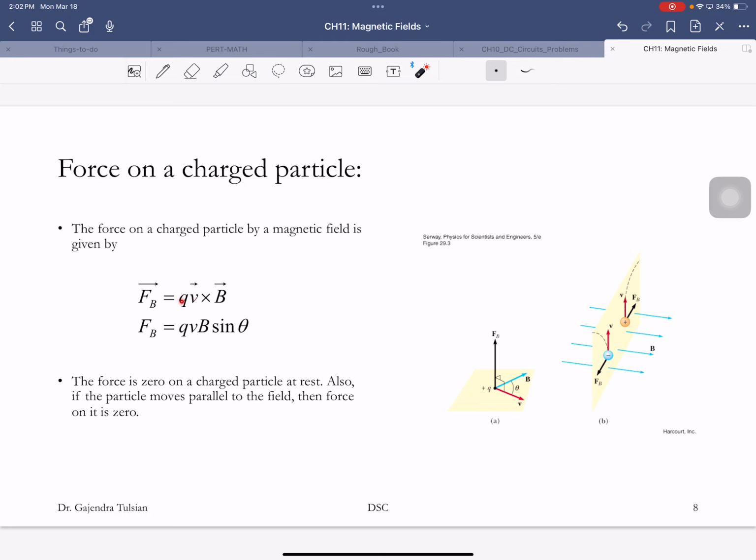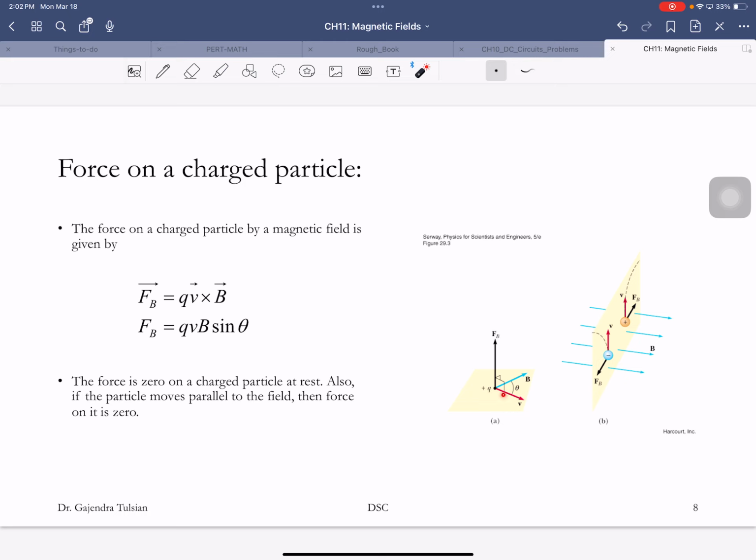If the particle was uncharged, there would be no force. You can't detect the magnetic field. So you need the particle to be charged and moving to detect this magnetic field. All right, so the magnetic force is a cross product of these two. It's V cross B.